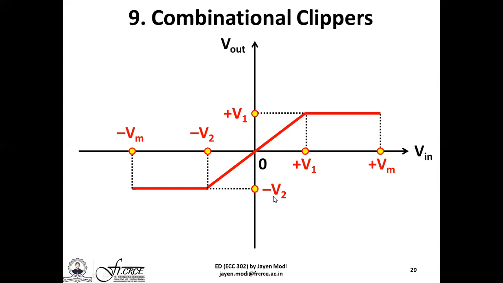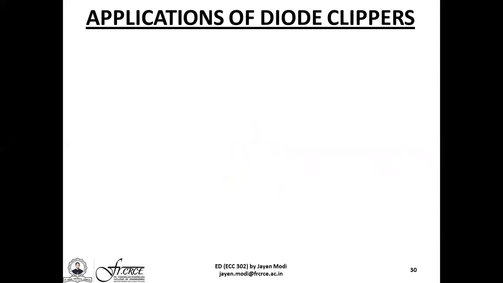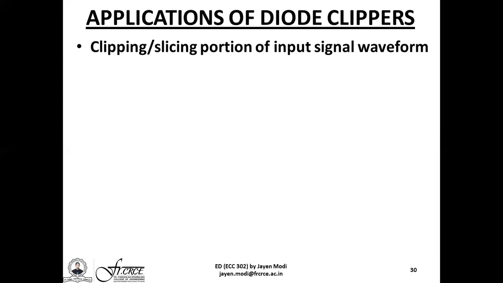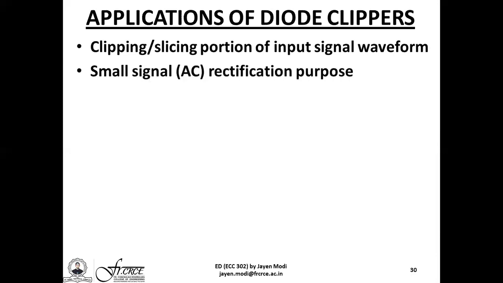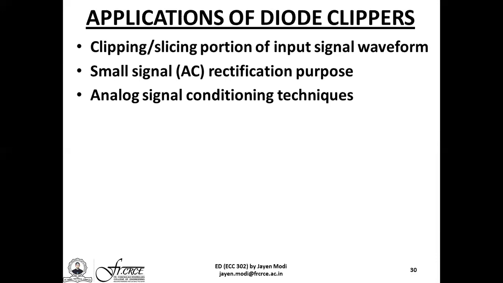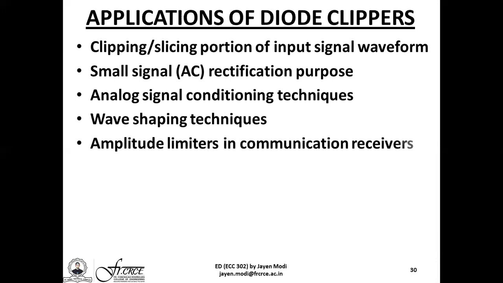For real life practical applications, diode clippers are used in clipping or slicing portions of the input signal waveform. They are used in small signal rectification. They are used in analog signal conditioning techniques. They are used in wave shaping techniques. They are used in amplitude limiters for communication receivers.